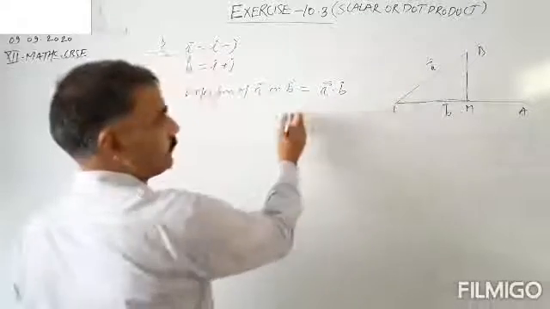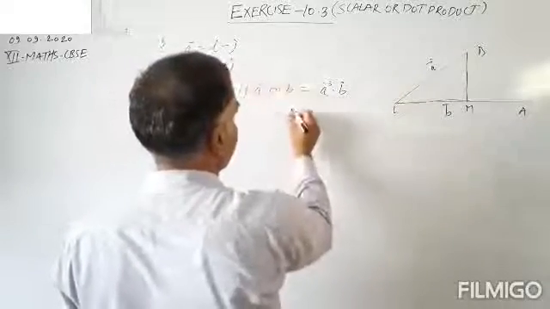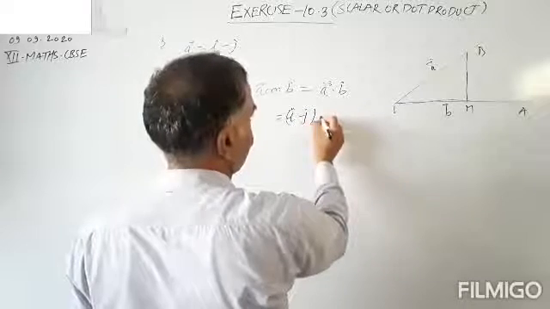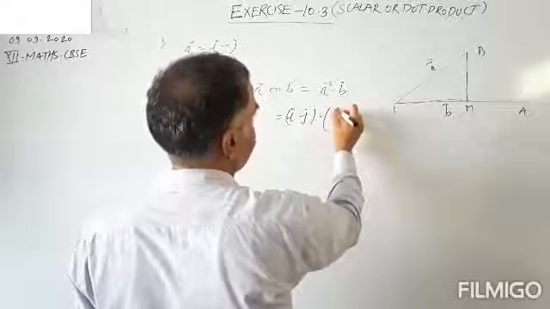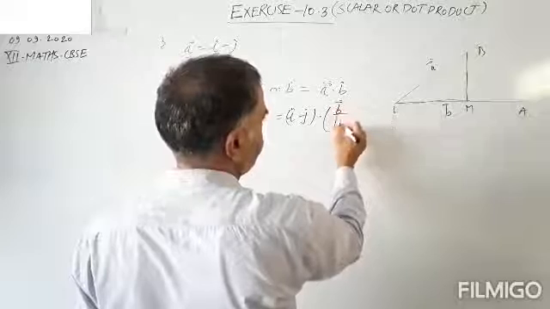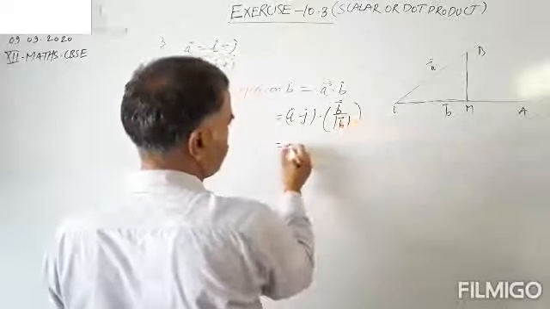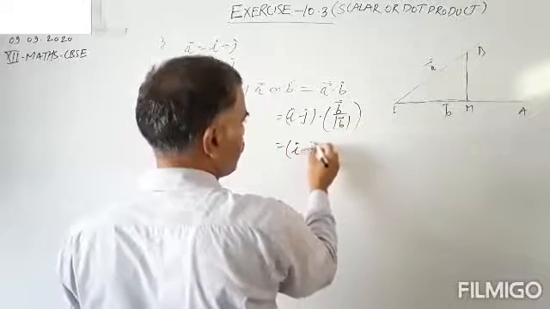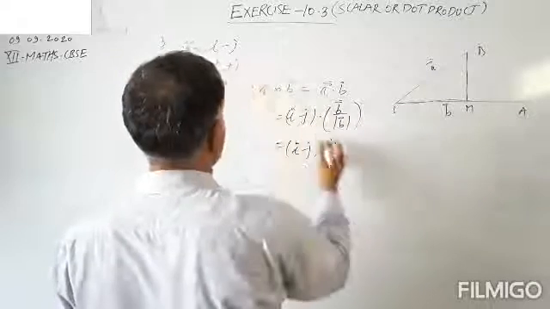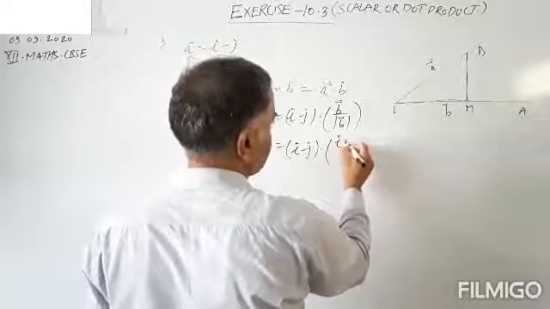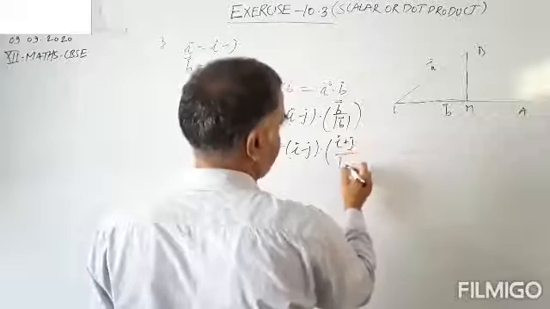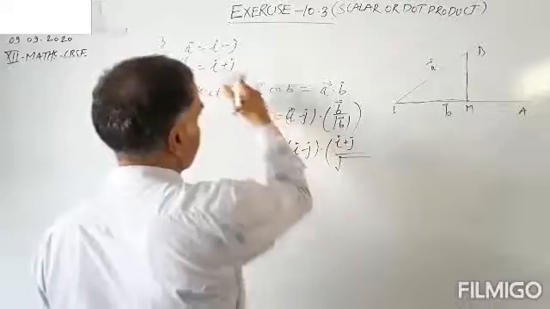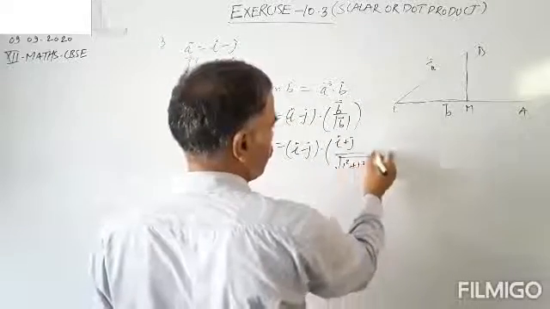So a vector is i cap minus j cap, dot product b cap. B cap means b vector divided by magnitude of b vector. This is equal to i cap minus j cap dot b vector, that is i cap plus j cap, divided by magnitude of b vector, that is under root of 1 square plus 1 square.